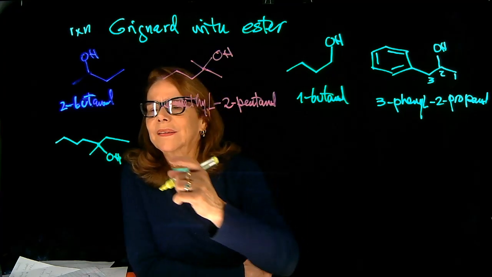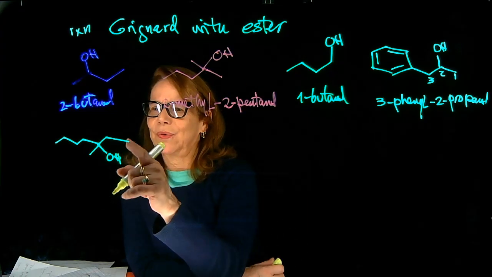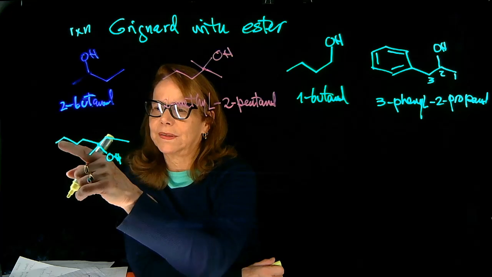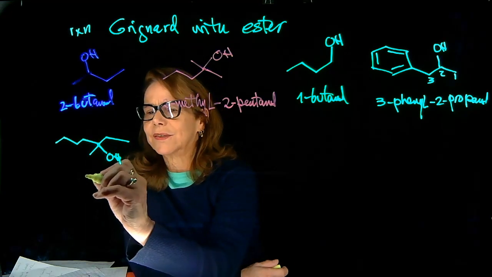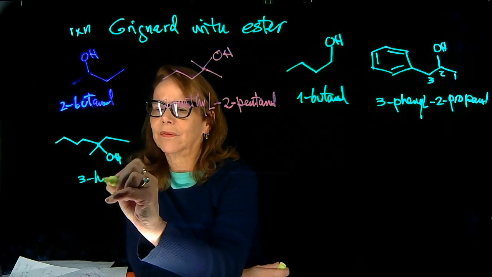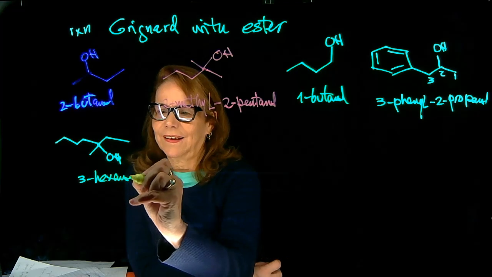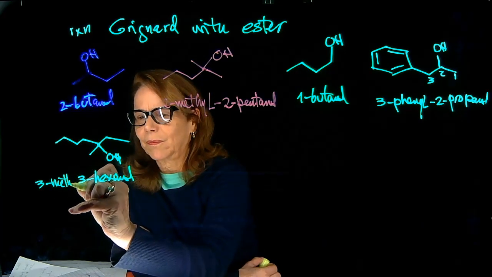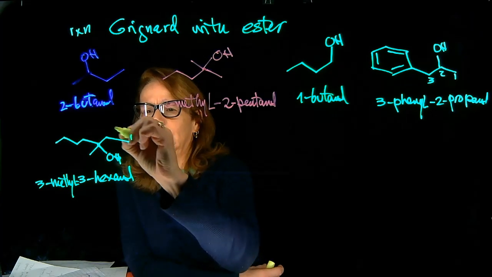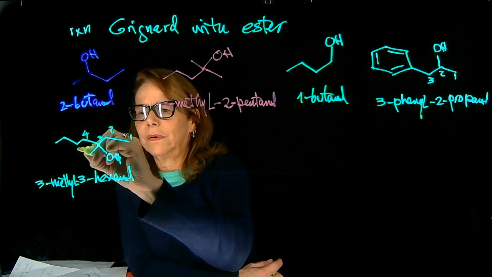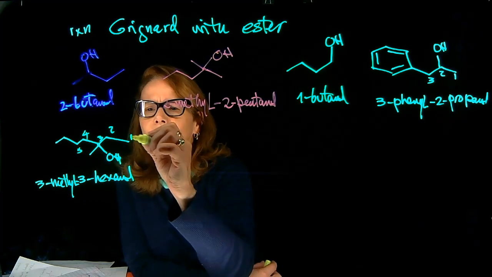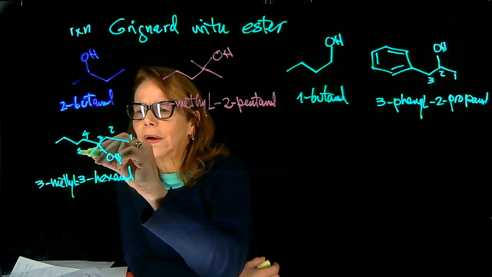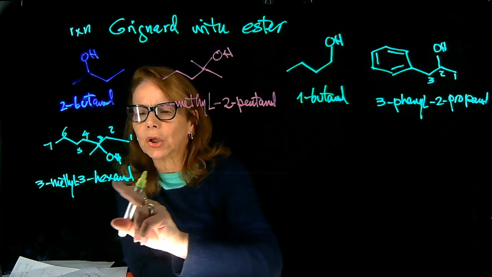So this one is a longer chain: 1, 2, 3, 4, 5, 6. So it's a hexanol, a 3-hexanol. That is 3-methyl, 1, 2, 3, 4, 5, and 1, 2, 3, 4, 5, 6, 7, heptanol.